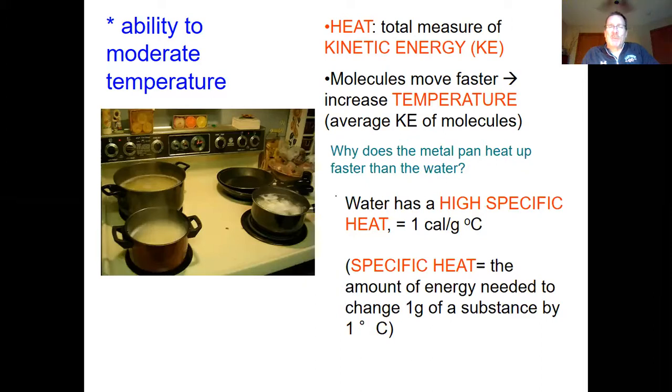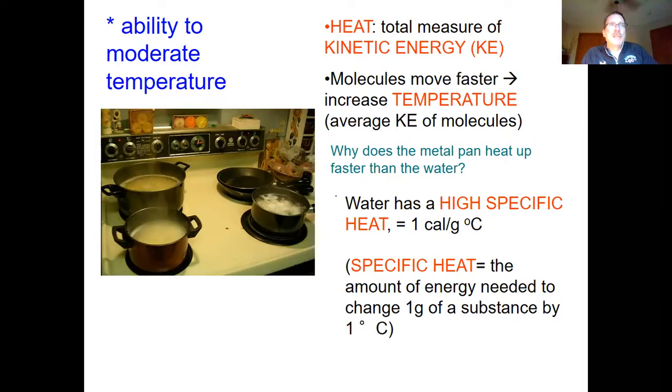High specific heat, 1 calorie per gram per degree centigrade. And remember, the specific heat is the amount of energy needed to change 1 gram by 1 degree Celsius. That is up there with the highest that are out there.